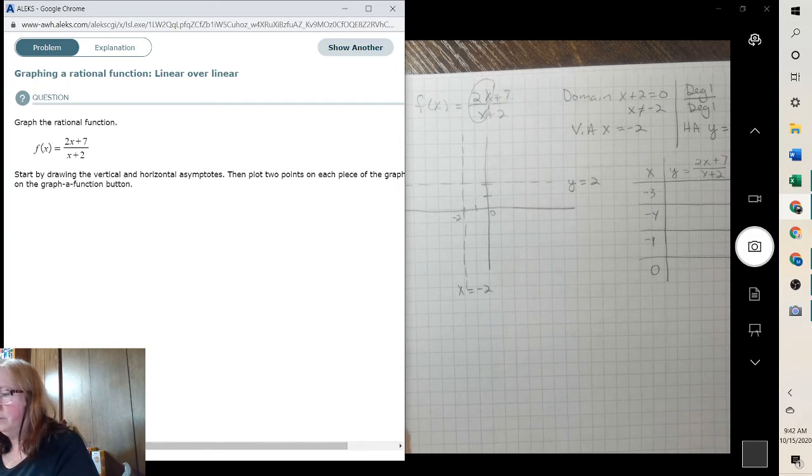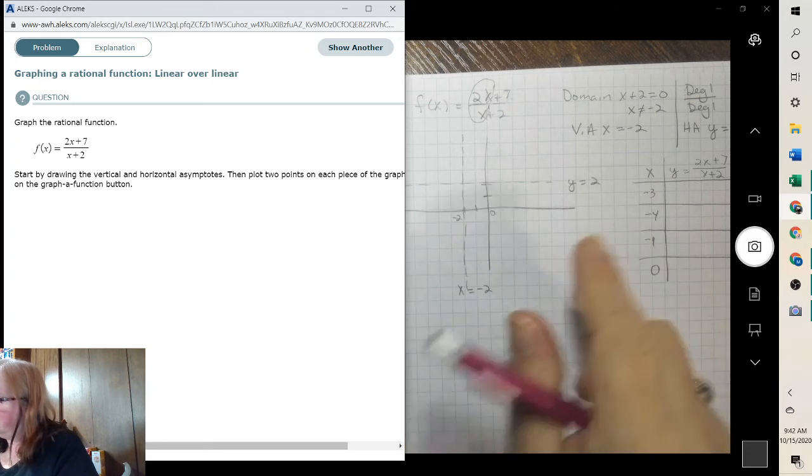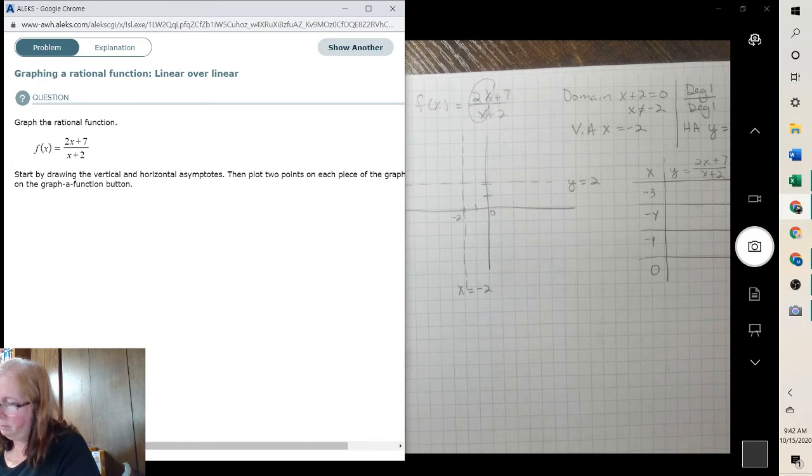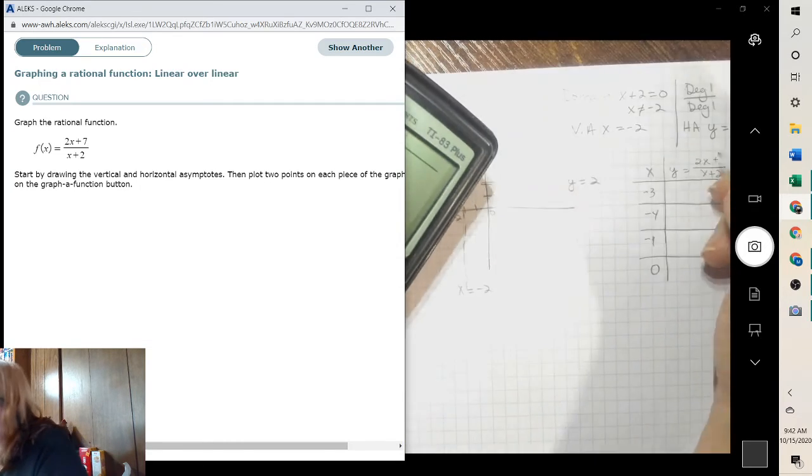So 2x plus 7 divided by x plus 2, and we're plugging in -3, -4, -1, and 0.